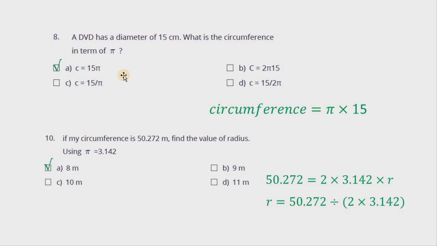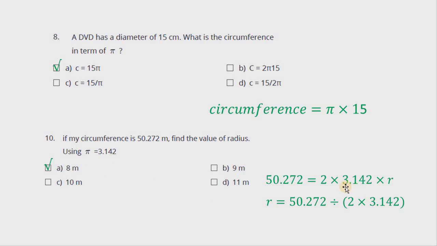Now we go to question number 10. If the circumference is 50.272 meters, what is the value of the radius? This question is asking for the value of the radius, so I'm using C equals 2 pi r. The question asks you to use pi equal to 3.142, so we must follow the question.